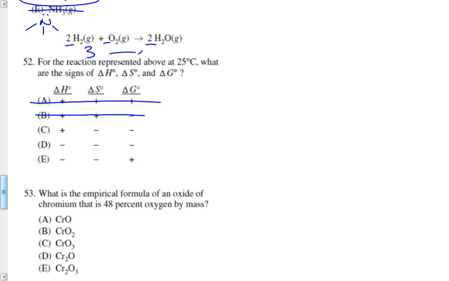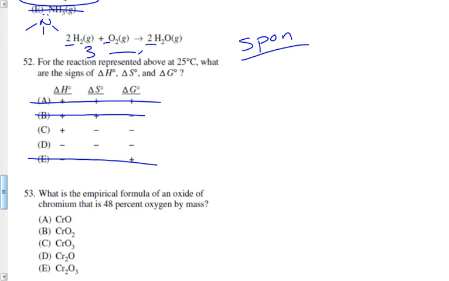This has to be spontaneous. And maybe you have to make a little bit of a leap. Unfortunately, I feel like they didn't quite give you enough information, but there it is. So automatically then, what else can I get rid of? I can get rid of E, right? Because G has to be positive. Okay, so please just try to think about this for a second. Is this favored to have a negative?